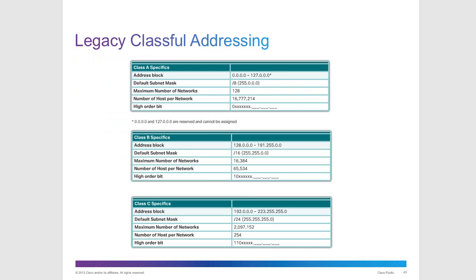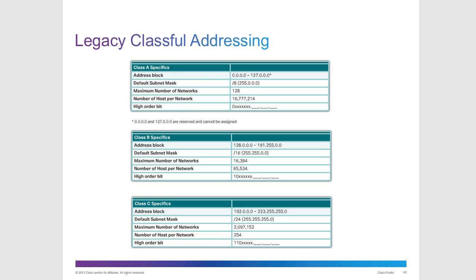So we've got these legacy classful addressing blocks, which used to be used but were pretty wasteful. Basically, this was before we had classless interdomain routing, which is CIDR. You had classes of IP addresses, and based on how many addresses you needed, you'd get a certain class.